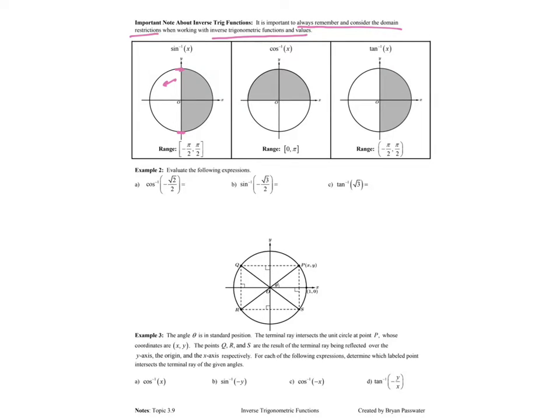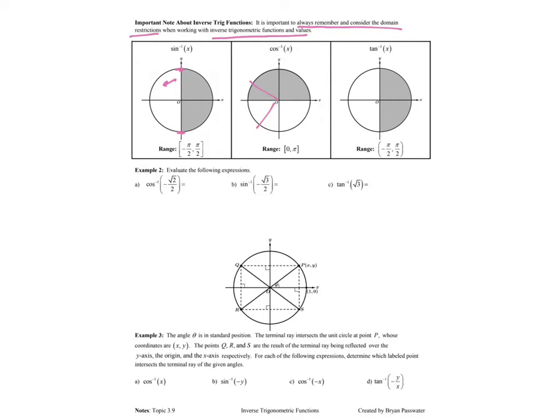It says, evaluate the following expression. We want cosine inverse of negative square root 2 over 2. Well, cosine is negative square root 2 over 2 on the left side of the y-axis, because cosine would be negative over there, at pi over 4 values over here.